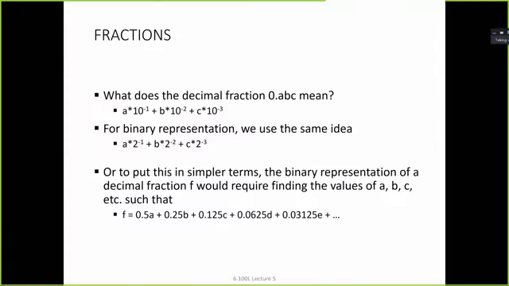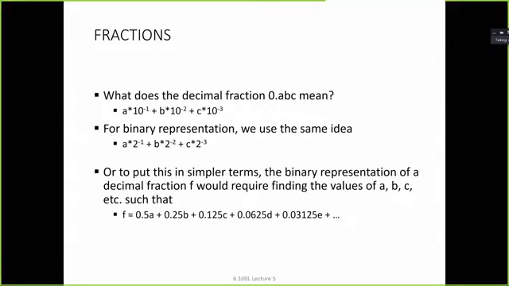So in terms of fractions, if we're thinking about what it means to talk about a fraction in human readable base 10, numbers 0 through 9, when we have 0.abc, we're basically saying that's a divided by 10 plus b divided by 100 plus c divided by 1,000 and so on. And in base 2, we're going to have the same sort of thing going on.